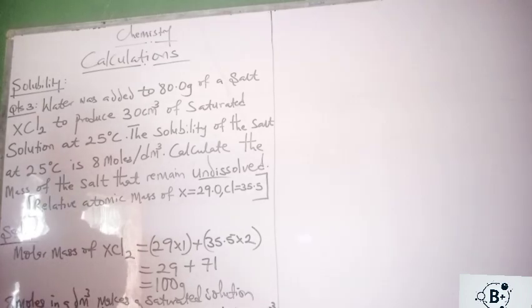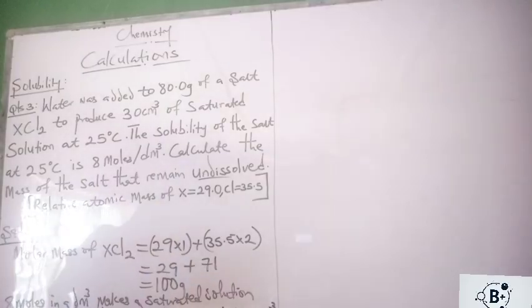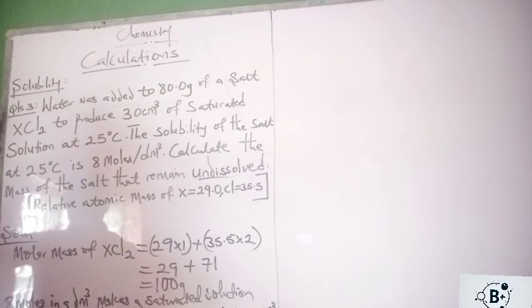We can simply say 1000 cm³ requires 800 grams of SCl2.